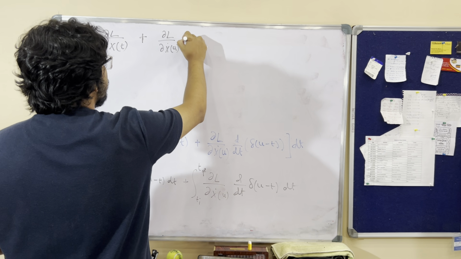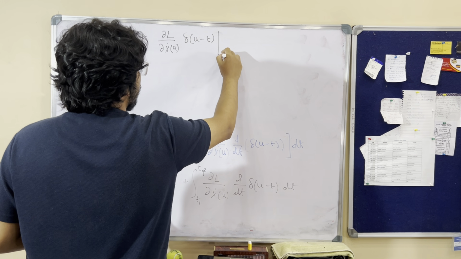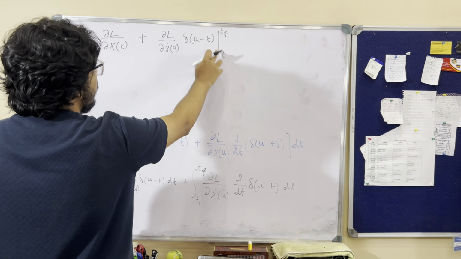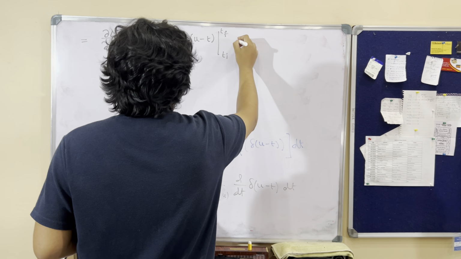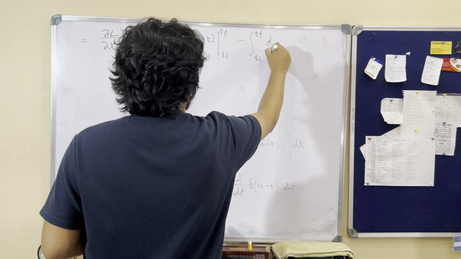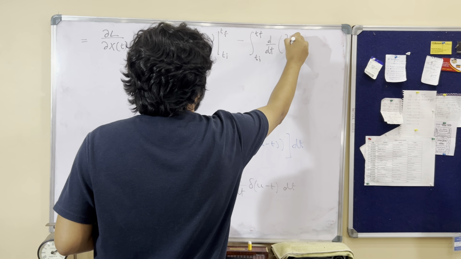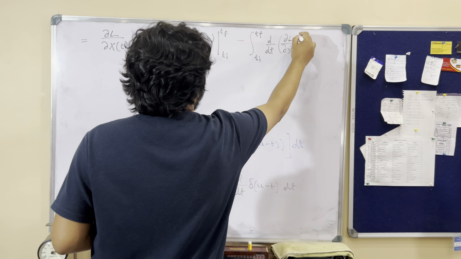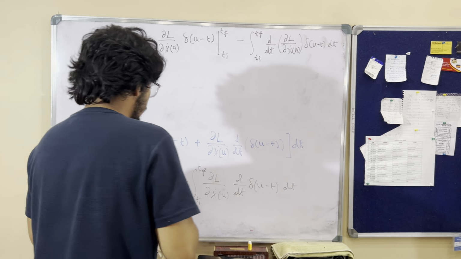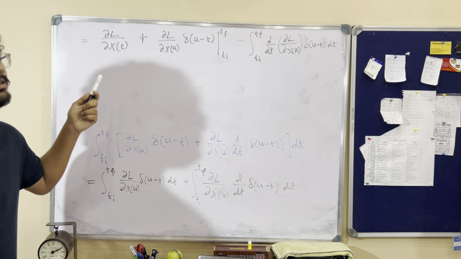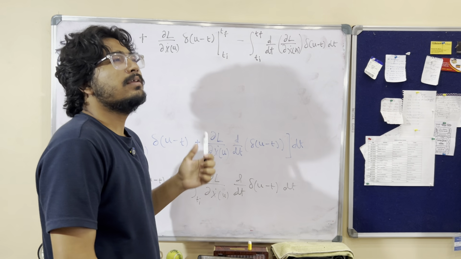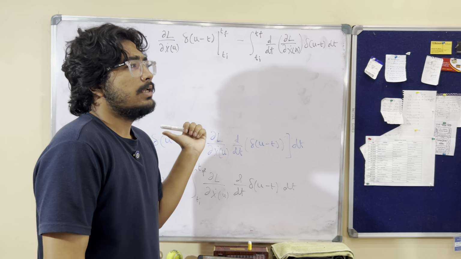The first term will give this thing at Ti and Tf, and the second term will give this. Now, a similar situation we saw in the previous lecture, where we were doing by parts, in the derivation of an expression that we used in this class.